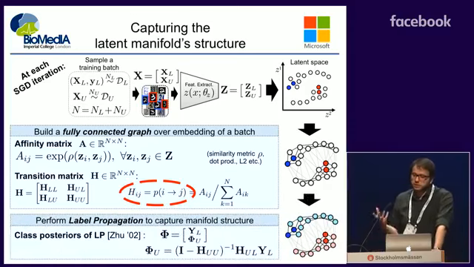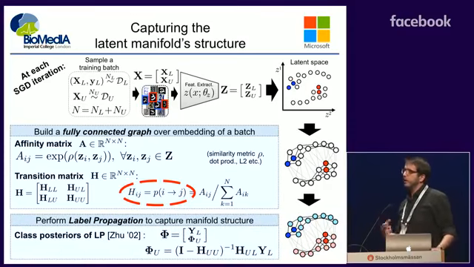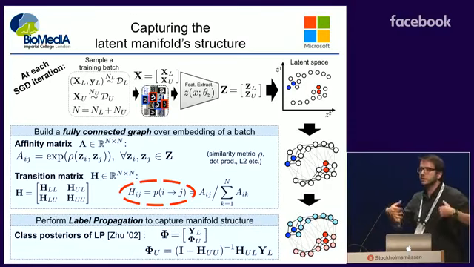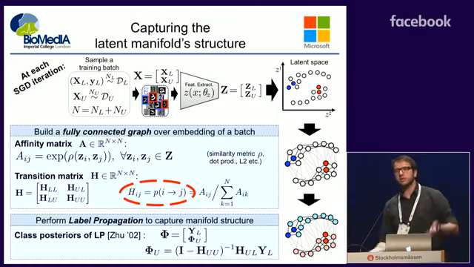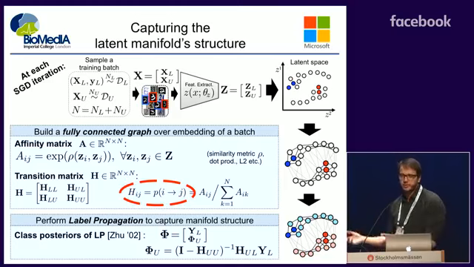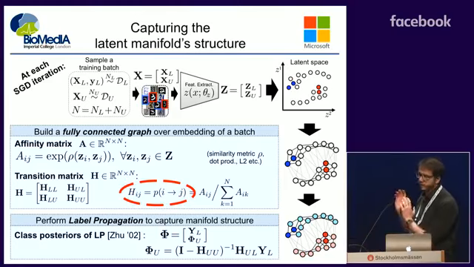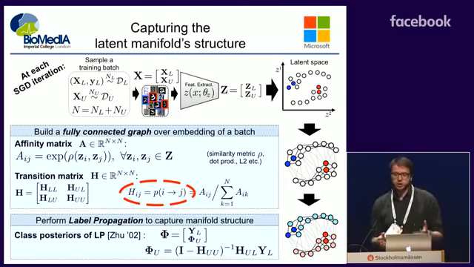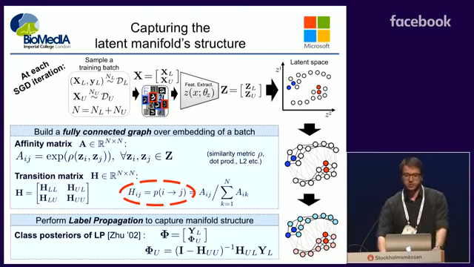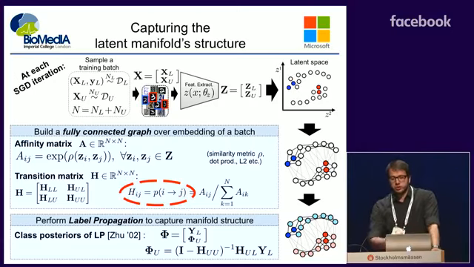The next step is we want to estimate, in the current iteration, the arrangement of clusters in the space. We're going to do this by applying label propagation, which I talked about previously, on this graph, and the class posteriors will be informative. It's very easy because the closed form solution that the authors of the other works have shown is very easy to compute via the transition matrix and the ground truth labels.